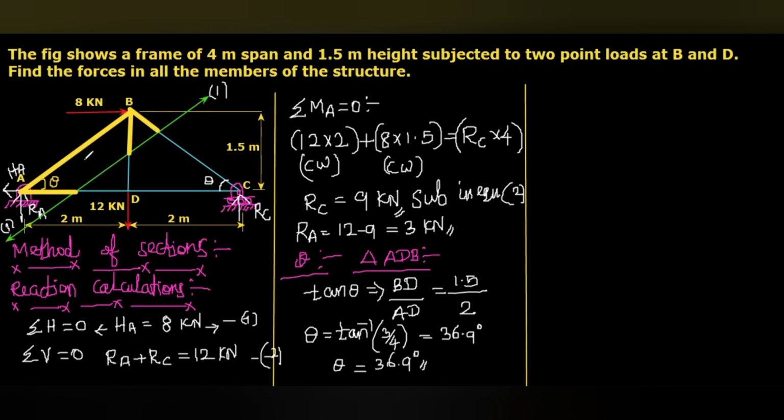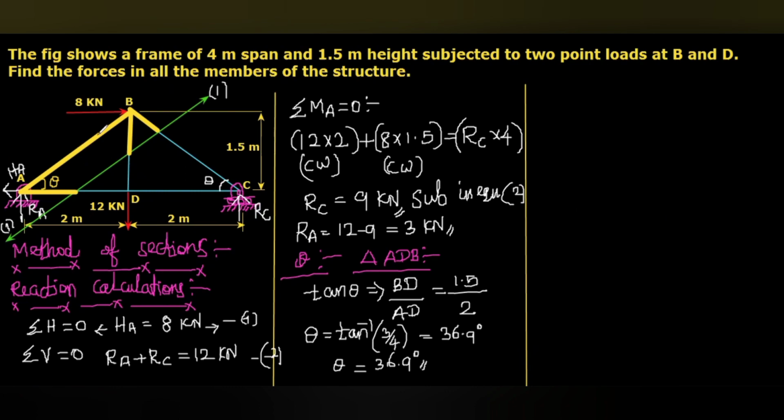The point loads outside the considered portion, such as 12 kilonewton at C, we don't want to consider. Members such as AB, even though in the considered portion, are not cut by the section line, so the forces in that member we won't consider either.